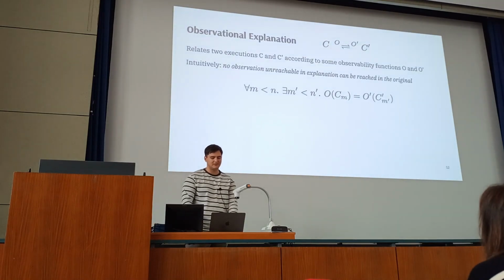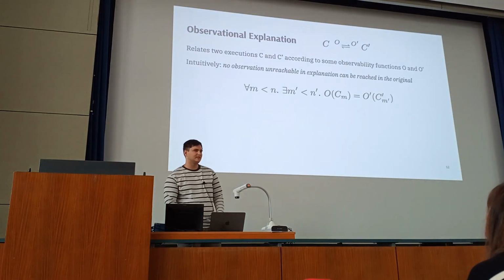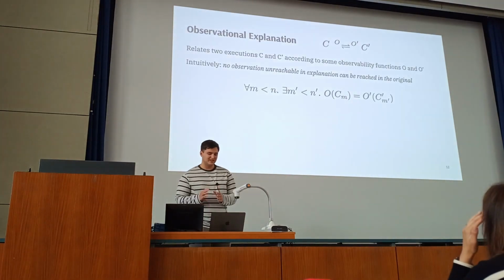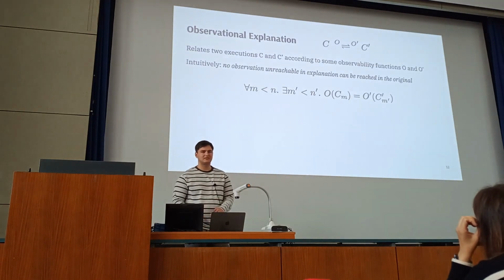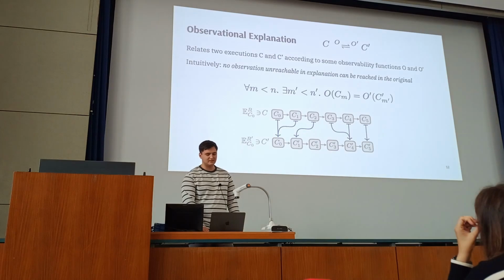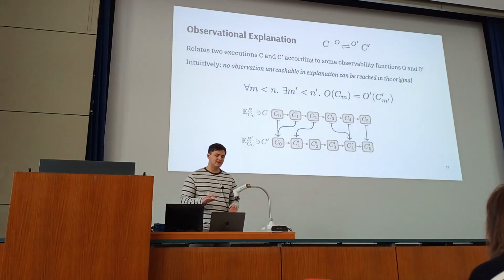So it's essentially a safety property. And also I want to note that the reasonable choice of observational functions is such that they are non-decreasing. In this case, we can guarantee via this definition that there is no situation that explains something from the future, something from the past, like on this picture.